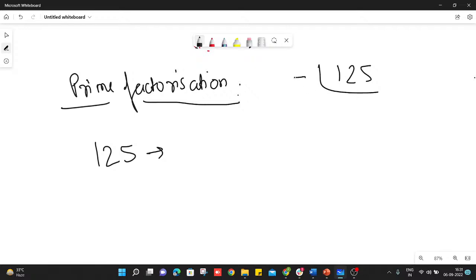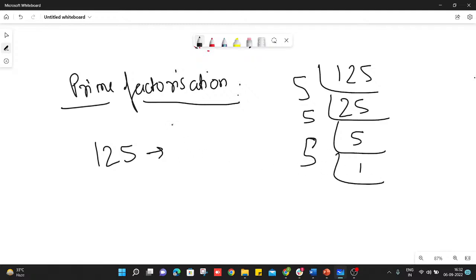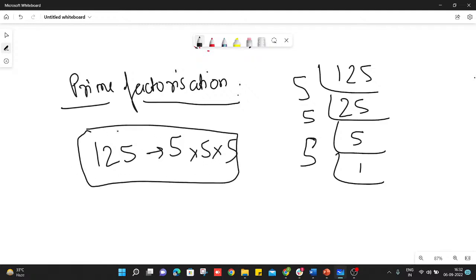So we will divide by 5. Again we have 5 in the ones place. So the prime factorization of 125 is 5 times 5 times 5. That's how we calculate prime factorization.